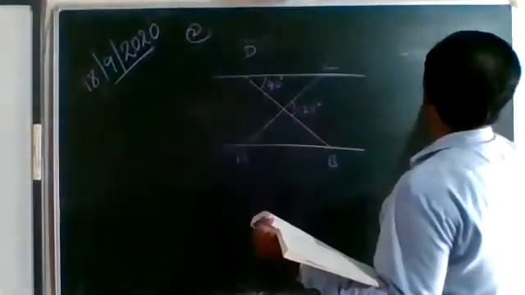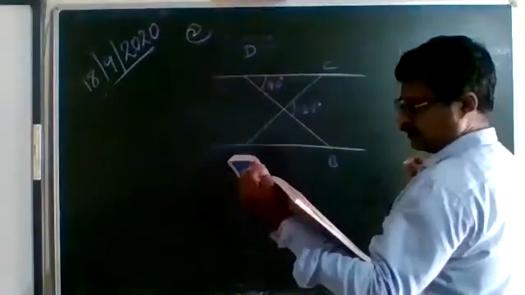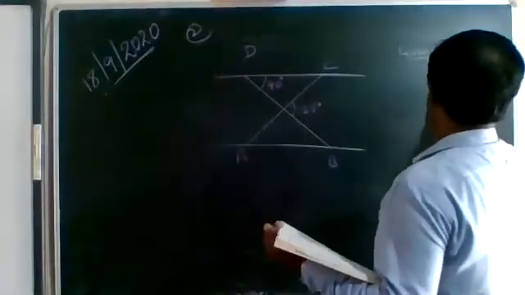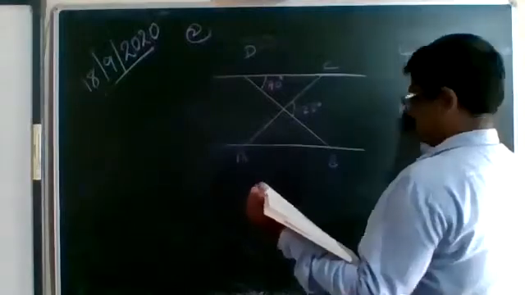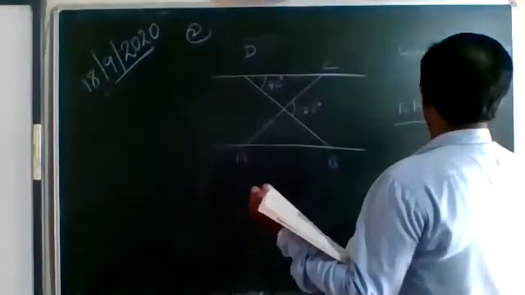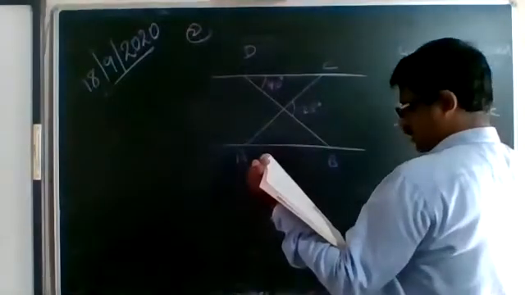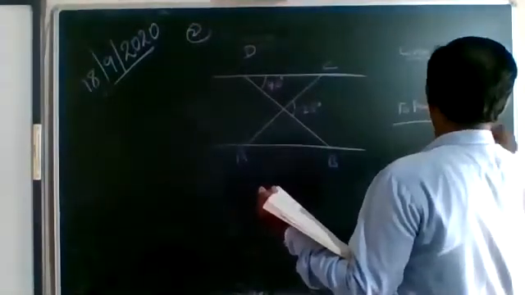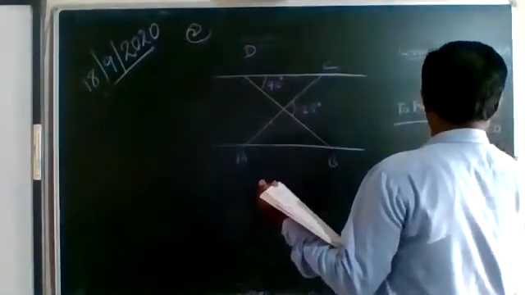BOC is 125 degrees. CDO is 70. And our aim is to find first DOC, second DCO, and third OAB.